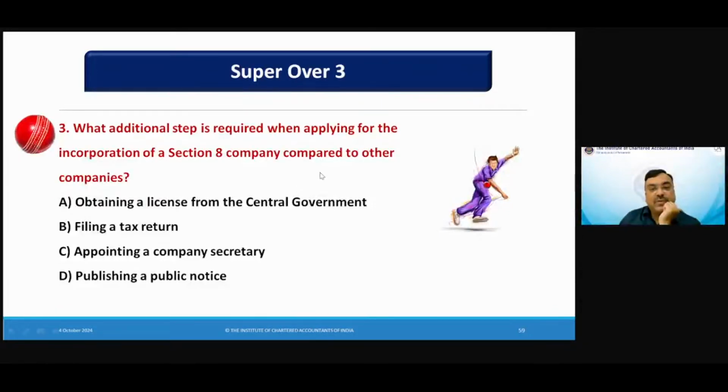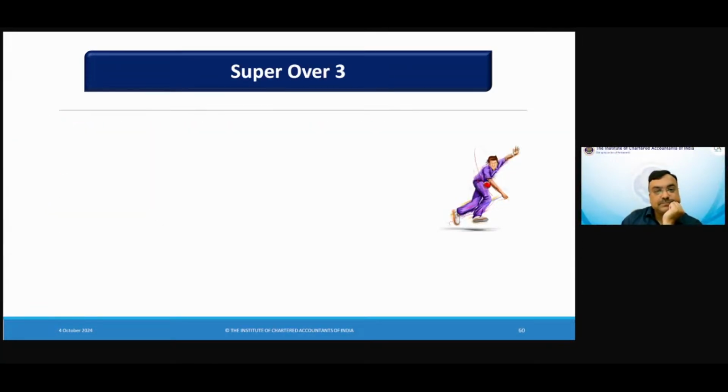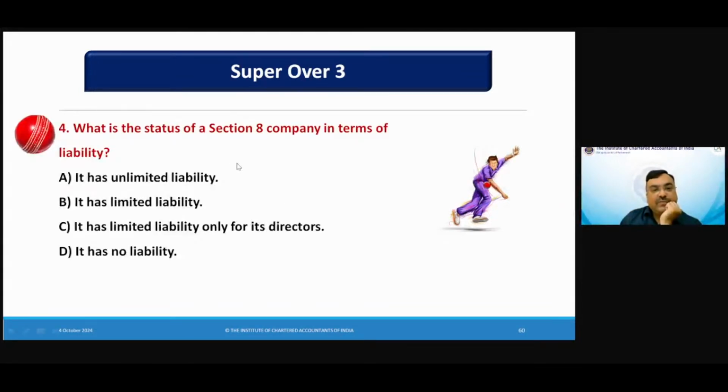What additional step is required? A license from central government. What is the status of Section 8 company in terms of liability? It has limited liability.